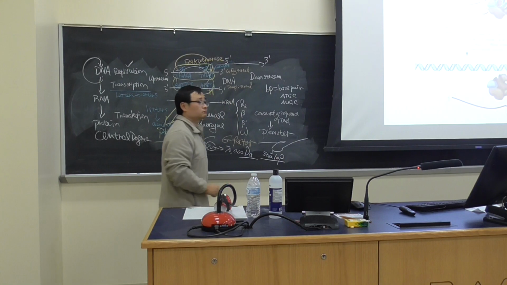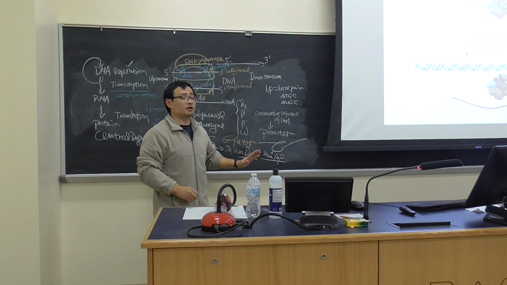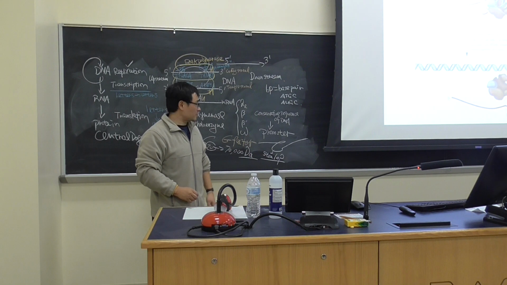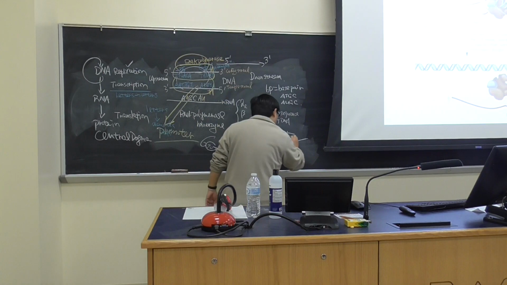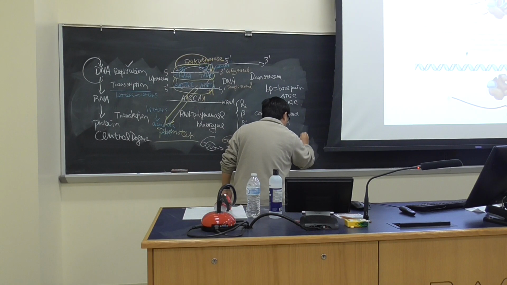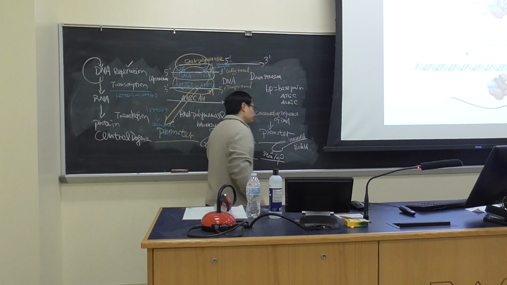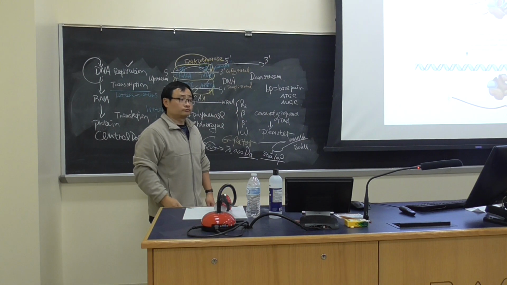When you see this, it tells you transcription stopped. Don't do it anymore, it's enough. The second thing is that you see lots of U there. That's called a U-rich region. When you see the U-rich area, stop transcription.